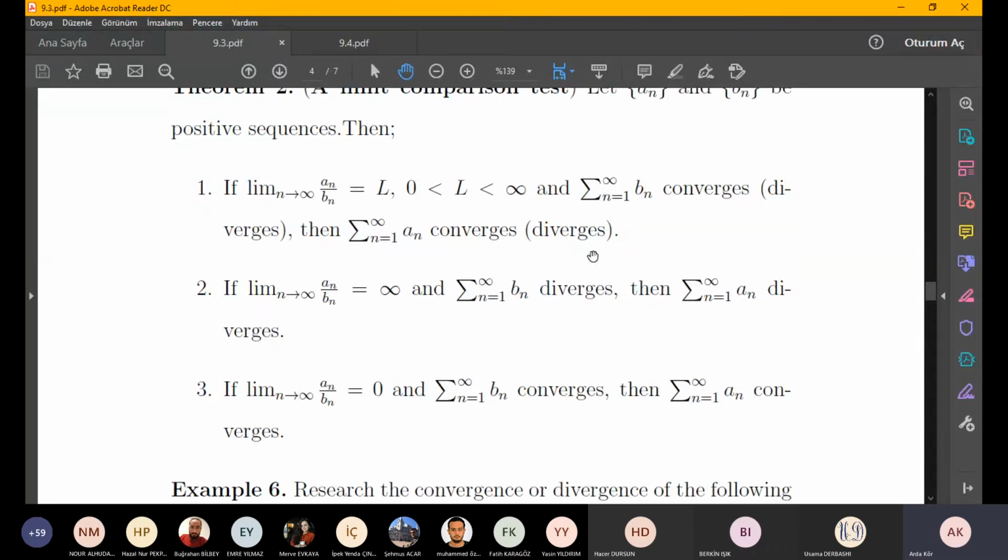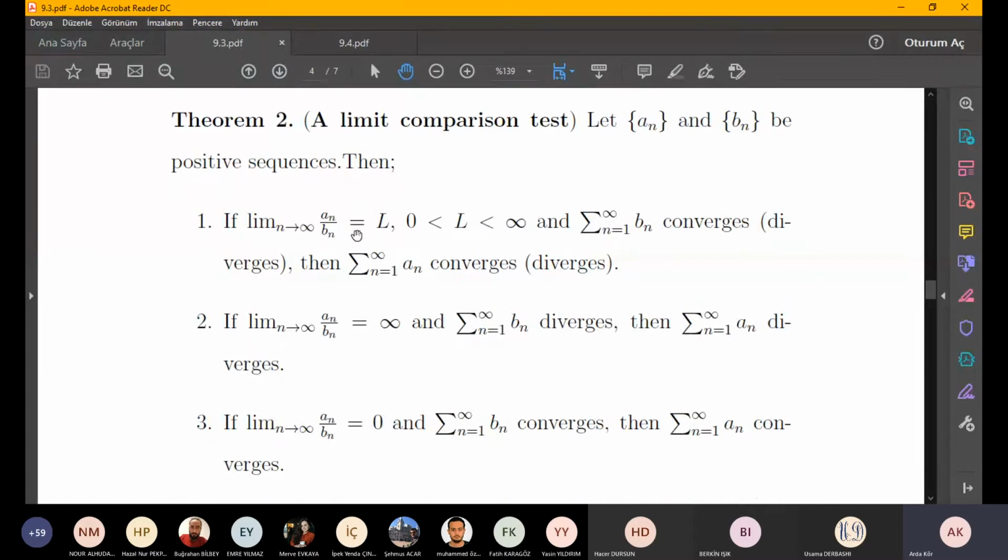So that means, how you will apply this test, for the examples that we will see here, we will try to find another series that you can compare, or you can just have this quotient which has a finite limit.